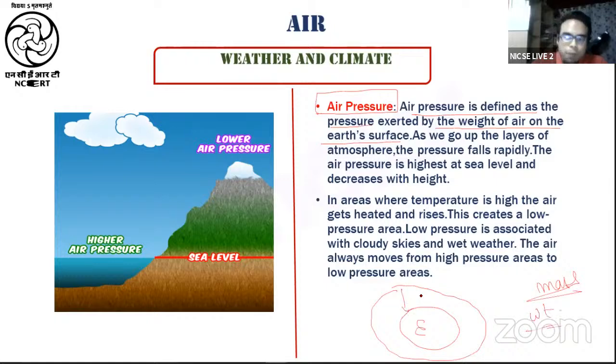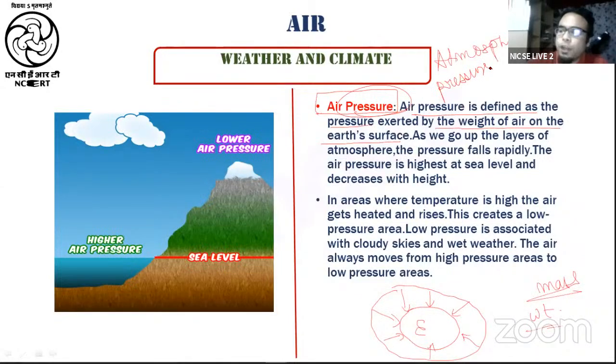So all this mass or weight of the atmosphere is being felt where? It is being felt on the surface of the earth, right? So as the whole weight of the atmosphere is being felt on the surface of the earth, what will happen? We call this pressure, meaning the atmosphere is exerting a pressure or force on the surface of the earth, which we call atmospheric pressure.